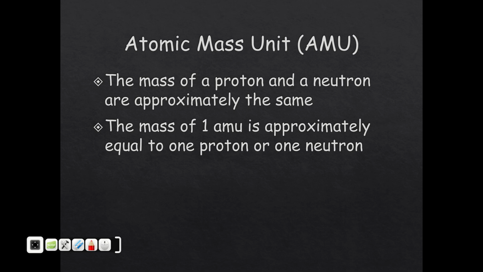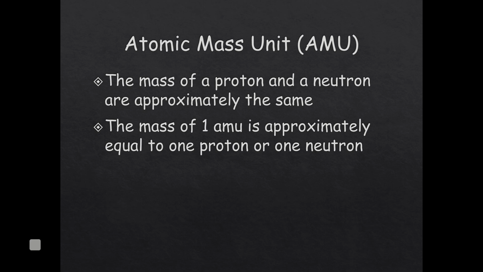Last point here, and then I'll just show a couple other quick things. We do give units to mass numbers and atomic numbers. The unit is called the atomic mass unit, AMU. We basically say every proton and neutron are approximately the same mass. Technically, a neutron is ever so slightly bigger than a proton, but it doesn't really matter in our calculations.